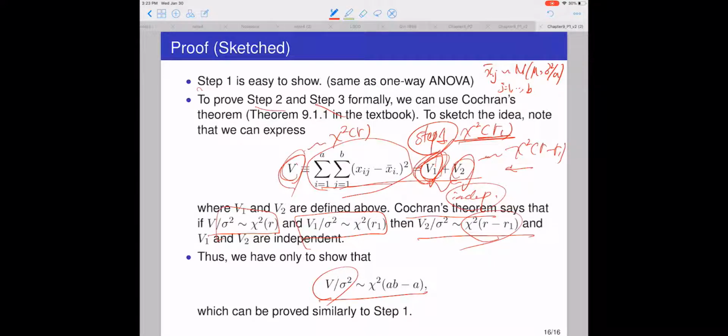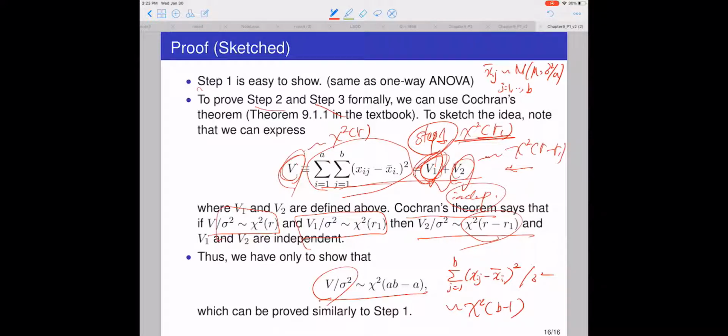The fact that v follows this chi-square distribution is based on x ij minus x bar i, which for each i, divided by sigma square, follows chi-square b minus 1.